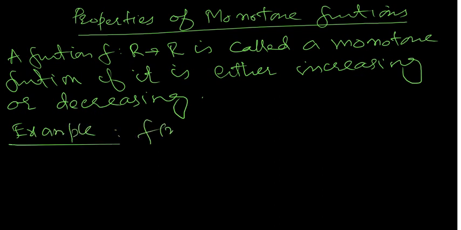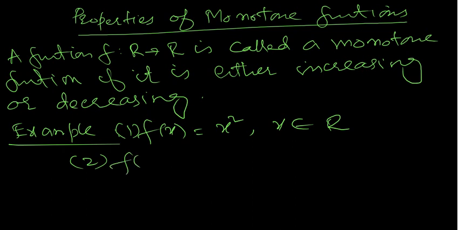Say f of x equal to x square, x belongs to R, is increasing, so it's a monotone function. And second example, let's take f of x equal to e power minus x.